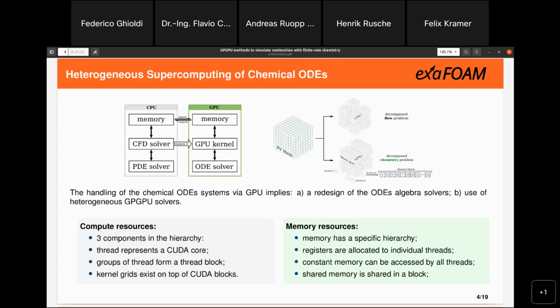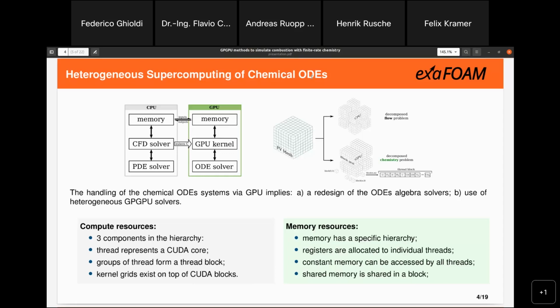So the first thing that we decided to do is to think about the kind of memory available in the GPU from the hardware point of view. We can allocate a certain amount of constant memory and access that in a coalesced manner so that we can speed up the access to this kind of memory.